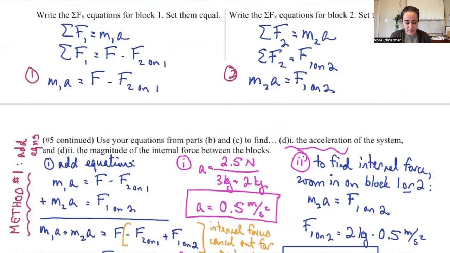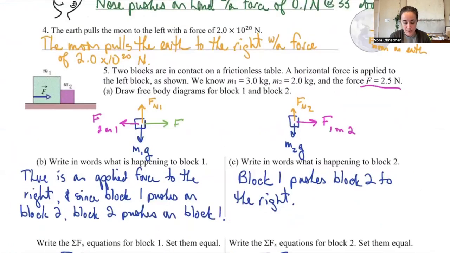So one thing I want to point out is that the mass of block 2 at 2 kilograms is 2/5 of the total mass. The total mass was 5 kilograms. M2 is 2/5 of that. Also, the total force was 2.5, and the internal force was 1 Newton. 1 Newton is 2/5 of 2.5. And so the proportion of the force needed to accelerate M2 is equal to the proportion of its mass compared to the whole mass.